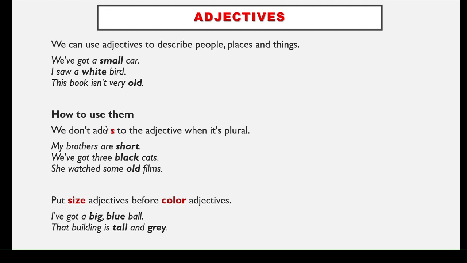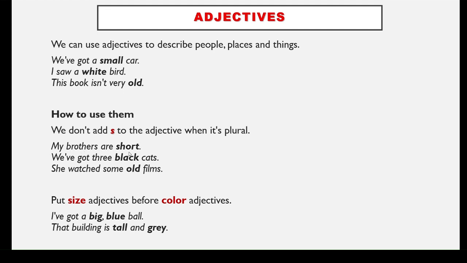We don't add s to the adjective when it's plural. My brothers are short. Here we have brothers, many brothers, it's plural, but we don't add s to the end of the adjective because it's unnecessary and it will not sound right.